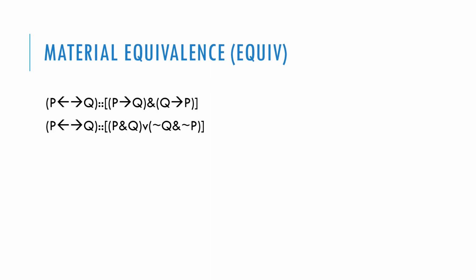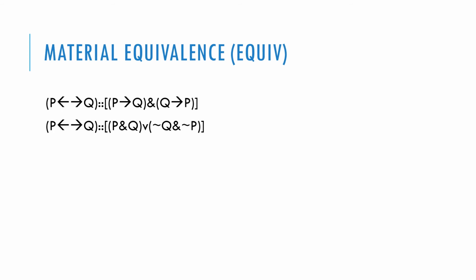Next is material equivalence. P if and only if Q means if P then Q and if Q then P. Remember, the double-sided arrow means that both P and Q are necessary and sufficient for one another, so it can be written in both ways.